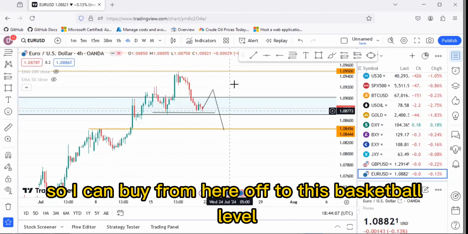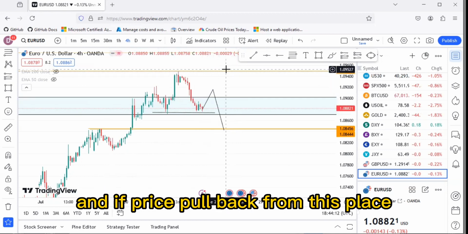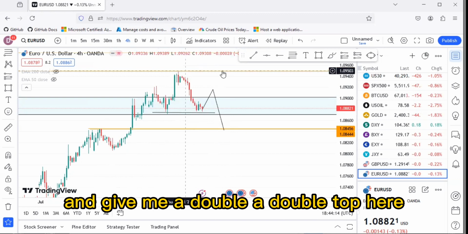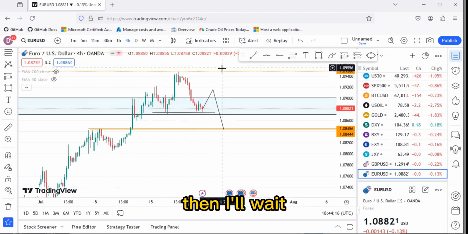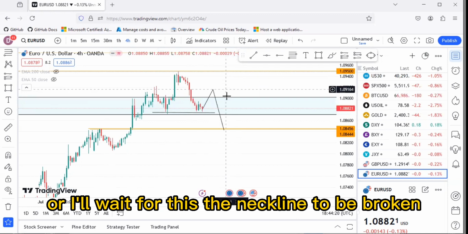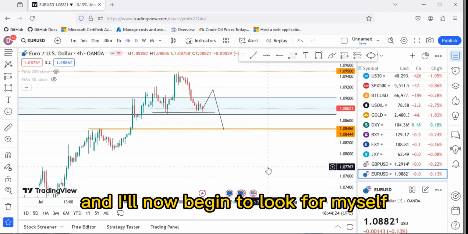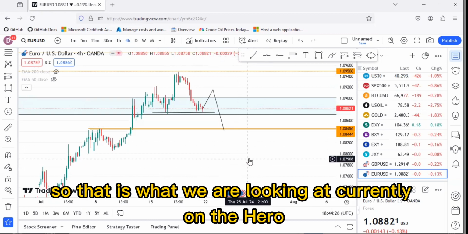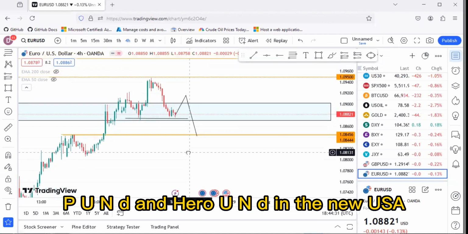So I can buy from here up to this particular level. And if the price pulls back from this place and gives me a double top here, then I'll wait for confirmation to sell to this neckline, or I wait for the neckline to be broken, then I'll begin to look to sell. So that is what we are looking at currently on GBPUSD and Euro USD.